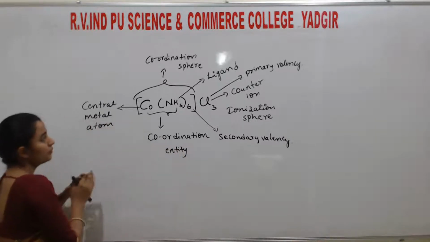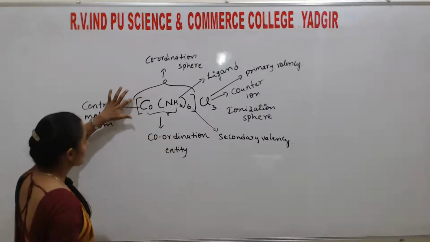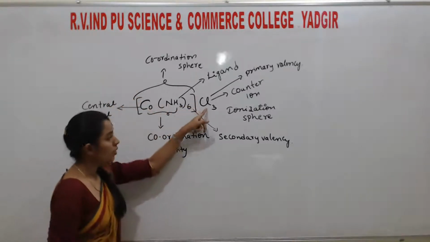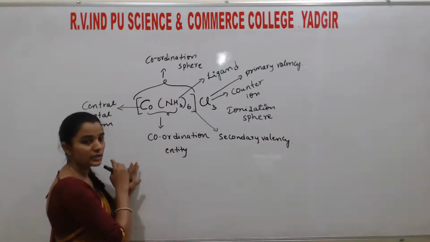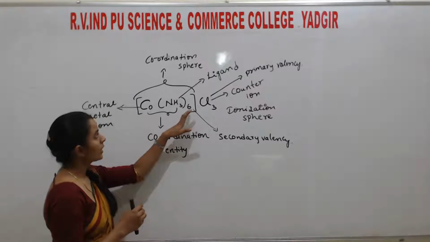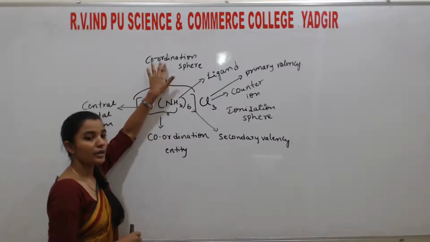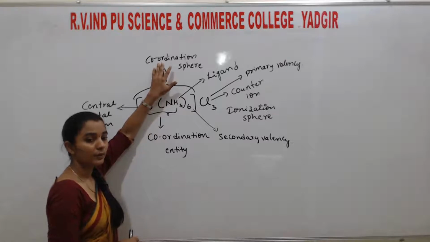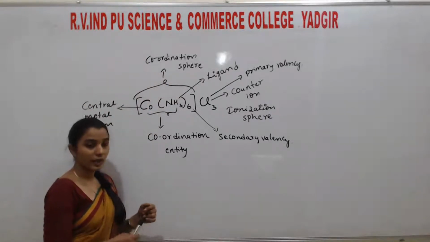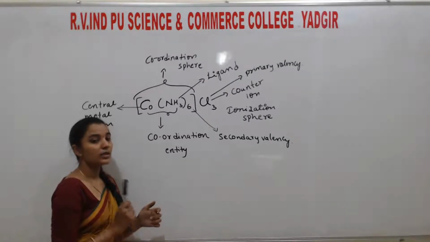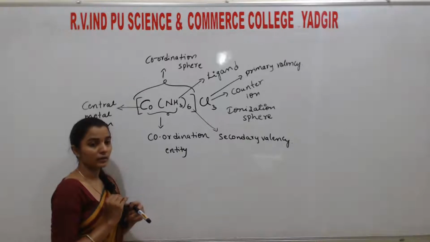Then this coordination entity is written in a square bracket. Including that square bracket, it is called as coordination sphere. So the central metal atom which is bonded to the ligands and enclosed in a square bracket is called coordination sphere.